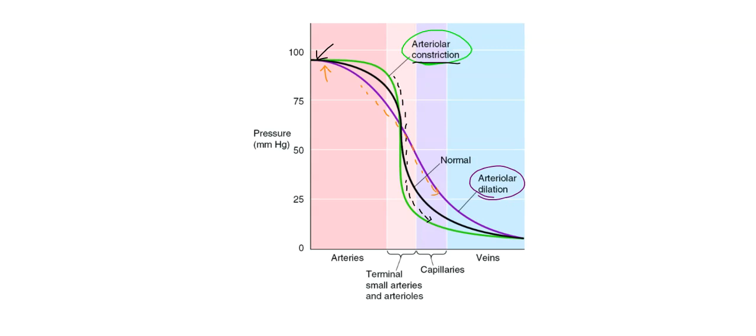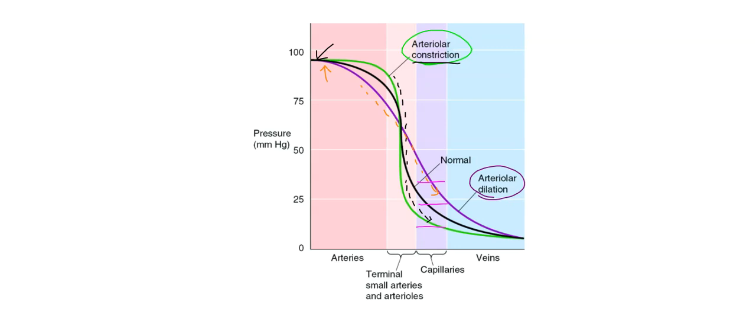So the big difference between these two is the value that you see in the capillary. Those are different pressure values that you can see in the blood passing through the capillaries under conditions of constriction or dilation of the arterioles.